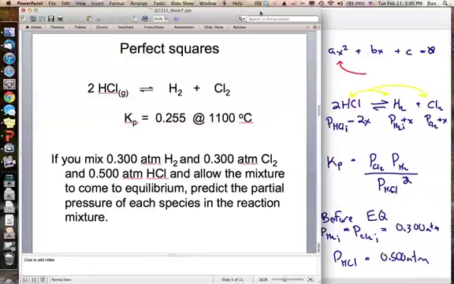Once we know this, we can wait for the system to come to equilibrium, and that's where these values come in. We know these initial values, and we can relate them to the values at equilibrium and combine them with this equation.